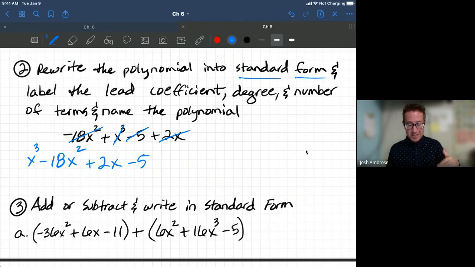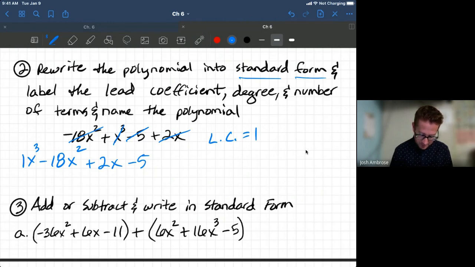Then what is the lead coefficient? Once you rewrite this and it's in standard form, the lead coefficient is whatever coefficient you have with that first term. Now in this case, the lead coefficient is just a 1. There's nothing there in front of the x to the 3rd power, so it's going to be just a 1. So the lead coefficient equals 1.